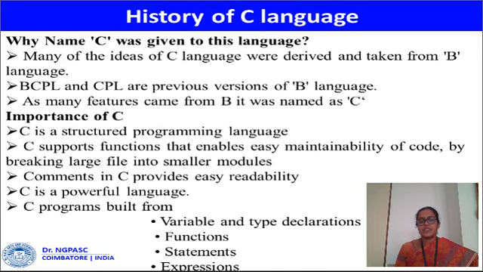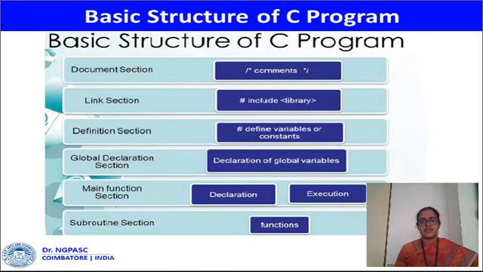Comments in C provide easy readability, allowing you to understand easily for what purpose the program was written. C is also a powerful language, and C programs are built from variable and type declarations, functions, statements and expressions, etc.